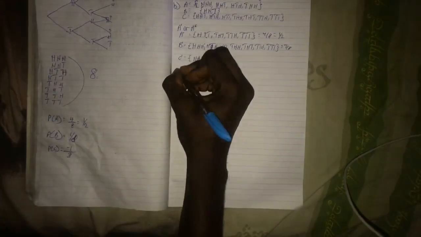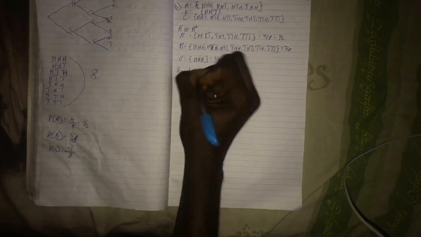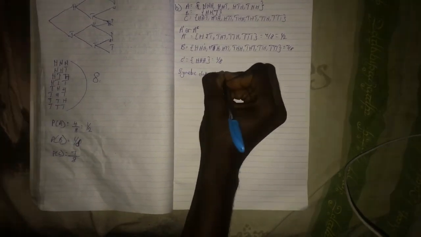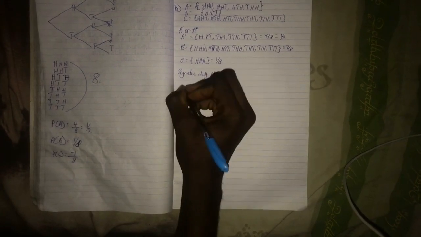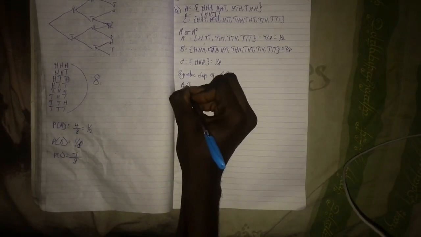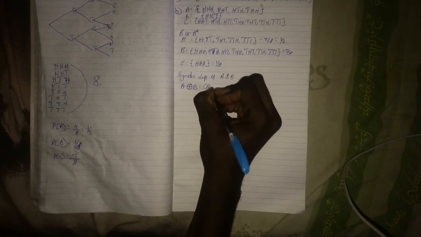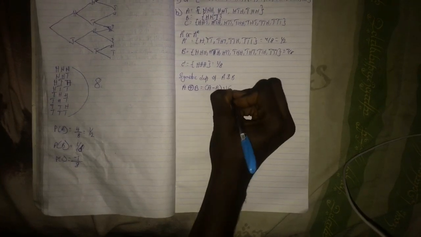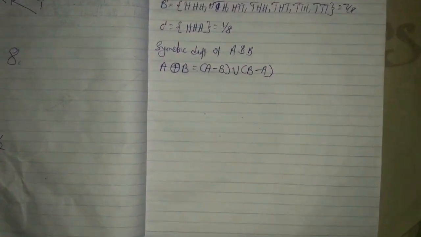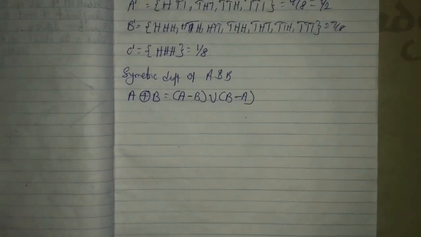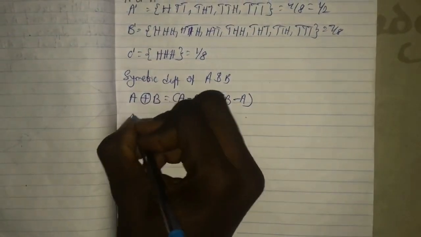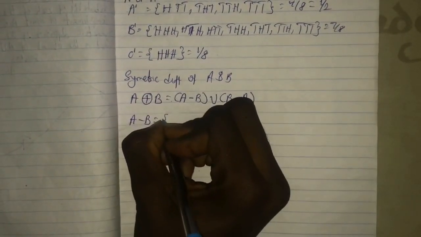So the next question is you are going to look for the symmetric difference of A and B. It is denoted by this sign, which is equals to A difference B union B difference A. So we have to look for A minus B is equals to what?